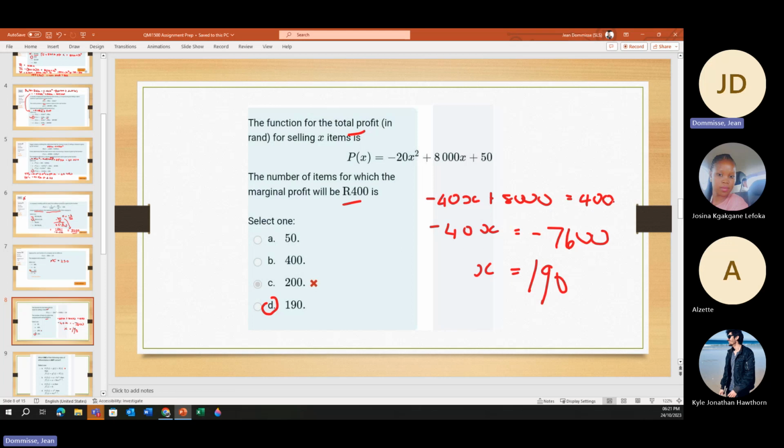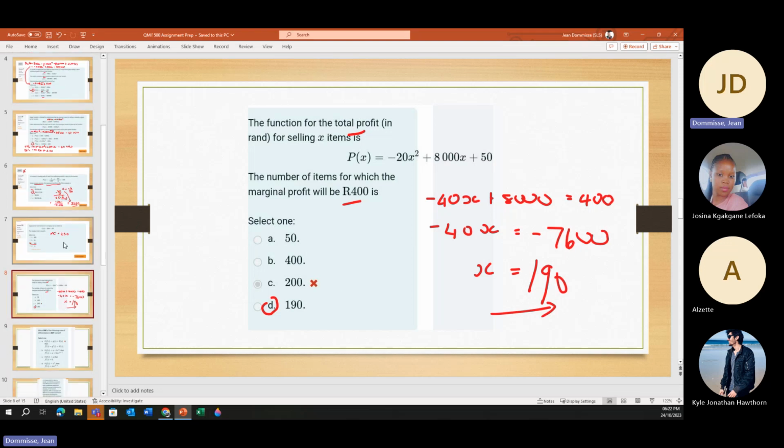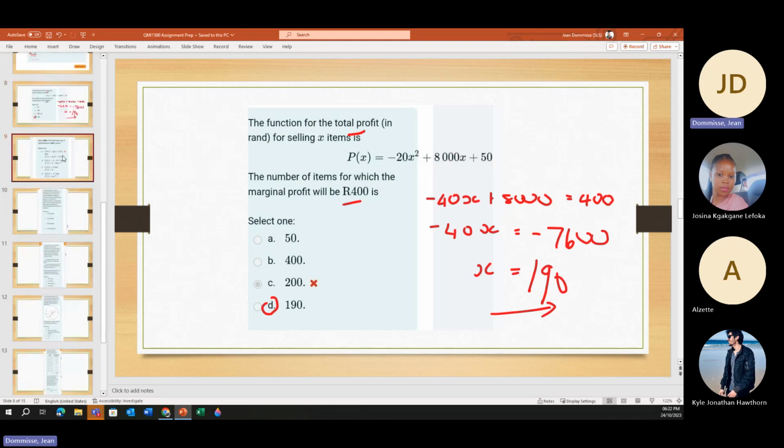They tell us it will be 400. So then minus 40x on this side, take that over to that side, so it's minus 7600, and if we divide it then by minus 40, we get x is 190. Okay. Happiness with this one? Okay, so we are now on a more than 50 pass rate.